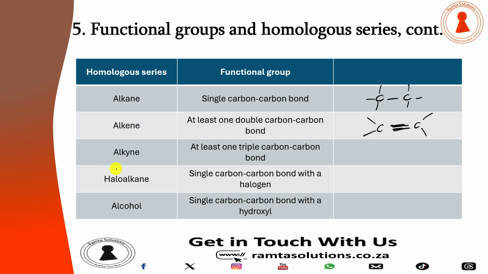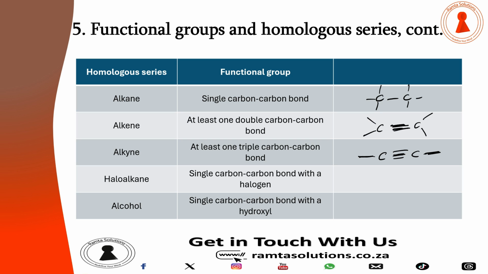Then we go to alkynes. Its functional group is at least one triple carbon-carbon bond. Do you see those properties of carbon now? It can form a single, double, or triple bond with other carbon atoms.